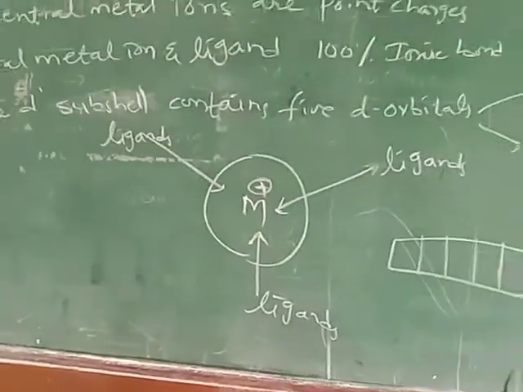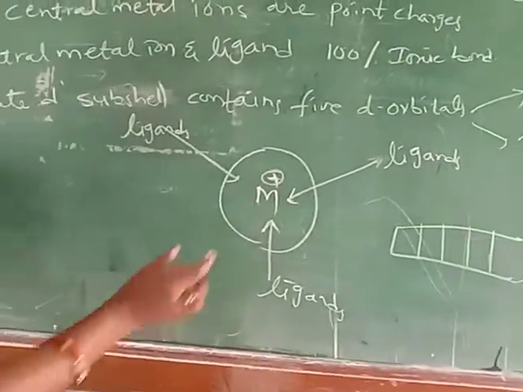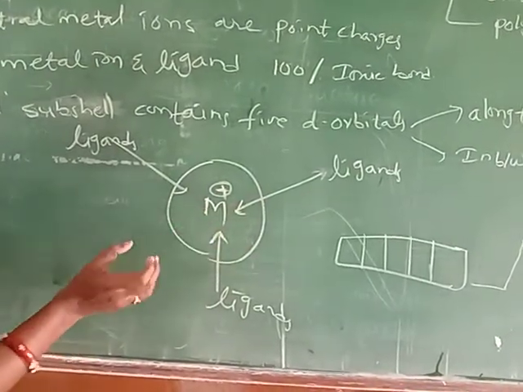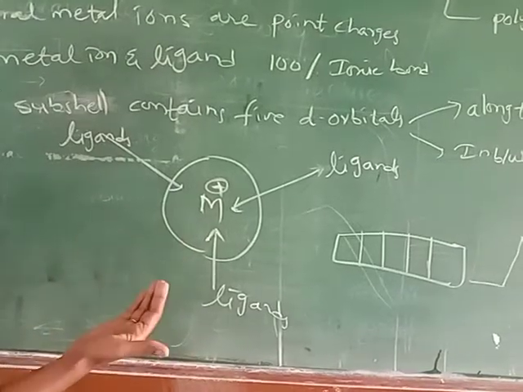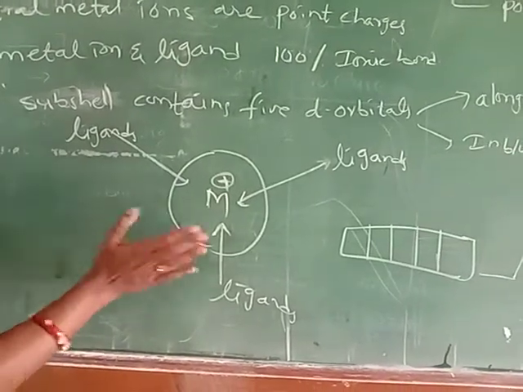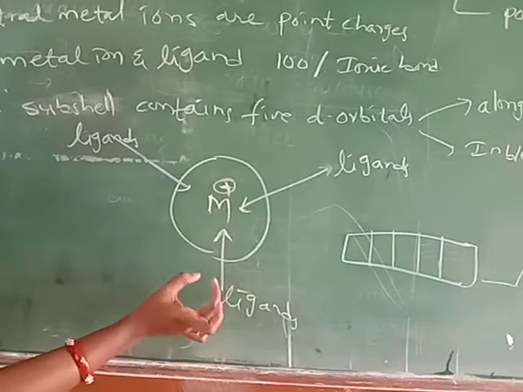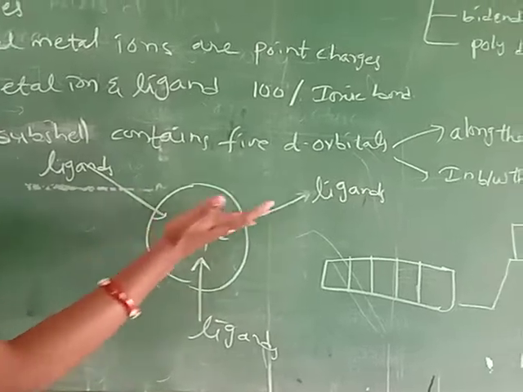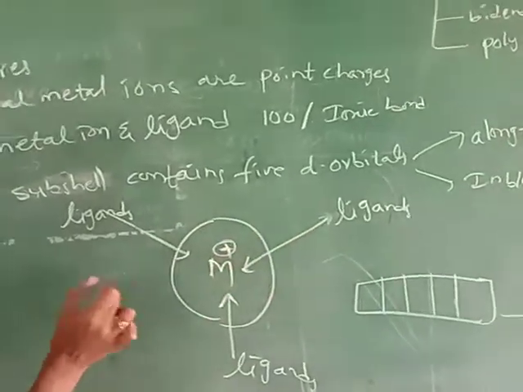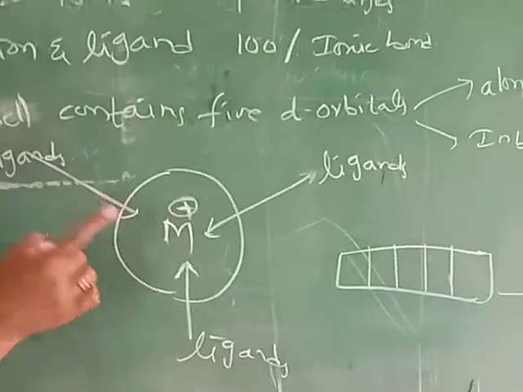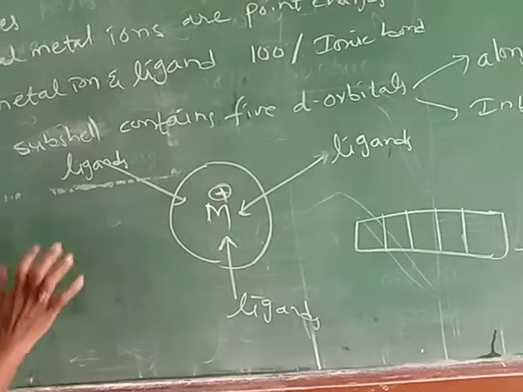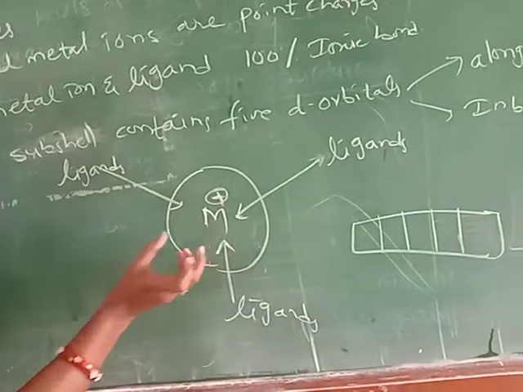Now we have to see what is crystal field theory. I am taking a central metal ion. The ligands are approaching the central metal ion along the axis. The ligands approach the orbitals which are present along the axis, and they show high repulsions with the ligands.